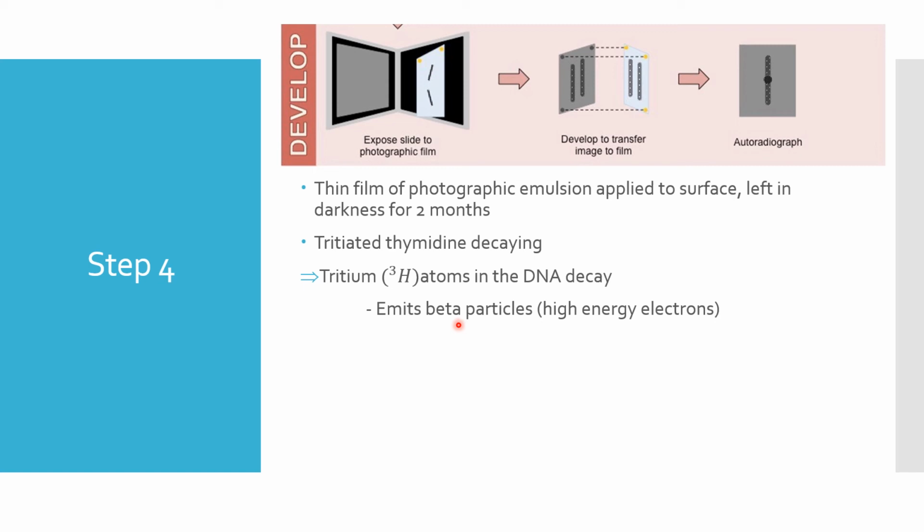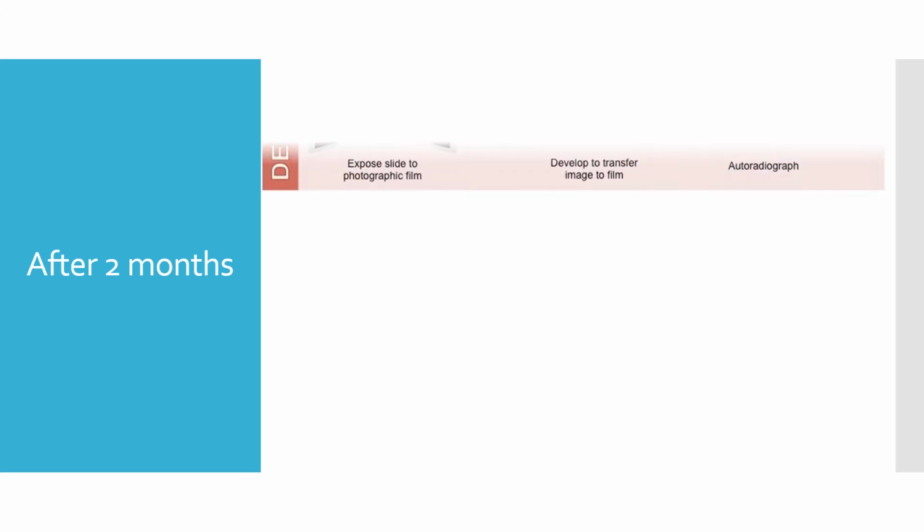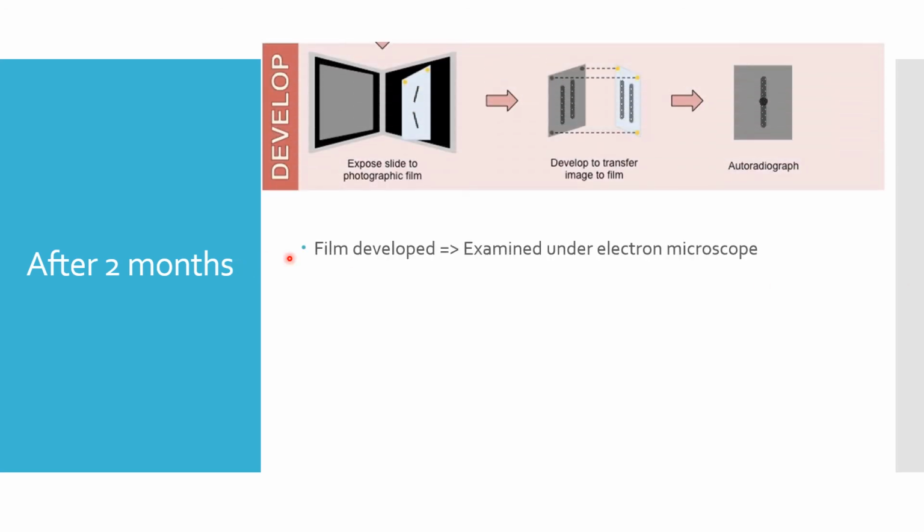Here it emits beta particles, which can also be understood as high energy electrons, and these high energy electrons produce a dot on a photographic plate. After 2 months, the film is developed, and then it can be examined under an electron microscope, which will give us the original data in Cairn's technique.